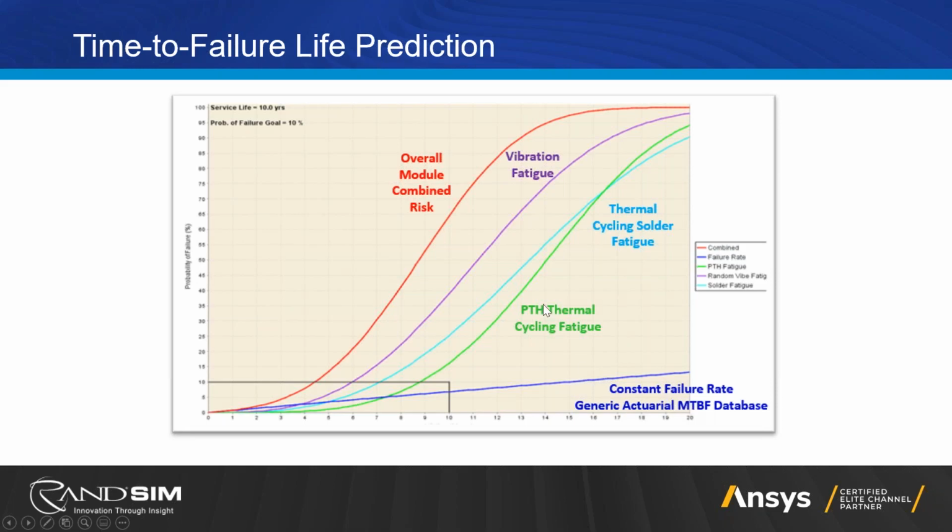We didn't really touch into that so much, but if we take these three right here, it's going to give us a blended equivalence of overall combined risk. And so maybe we're not plotting all of these on this page, but what we're seeing here is that you get the end all. This red trace, for example, is the true understanding of how many boards we're going to lose before our expected lifespan.